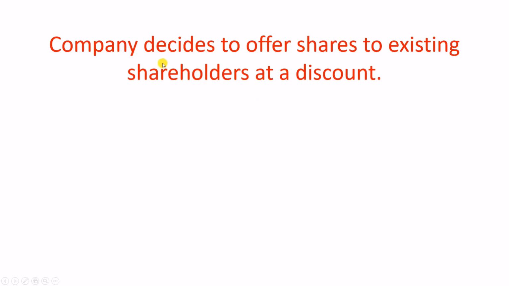So what the company does is it offers shares to existing shareholders at a discount. It offers shares to existing shareholders, meaning the ones who already have shares of the company, not to others. And this is also done in a ratio.